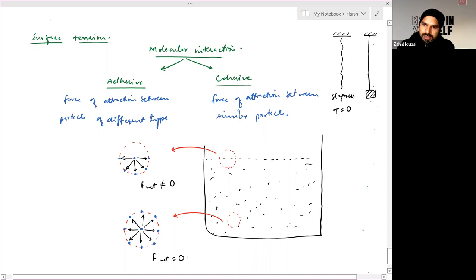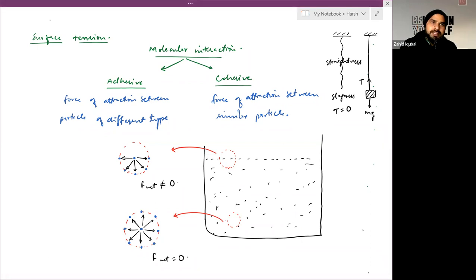In this part, you'll have some downward force due to gravity, so a force will develop in it along this way. This force, which arises due to its straightness, is called tension. So tension is a force due to straightness of a particular wire, rope, or string.